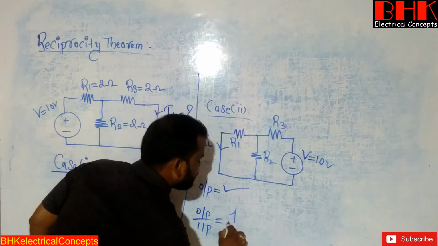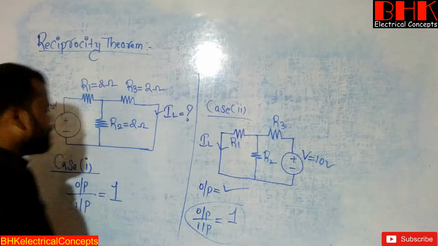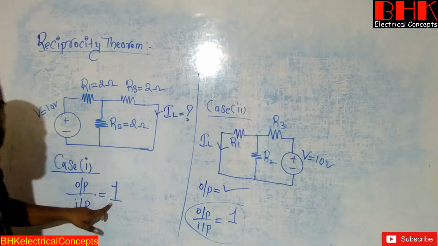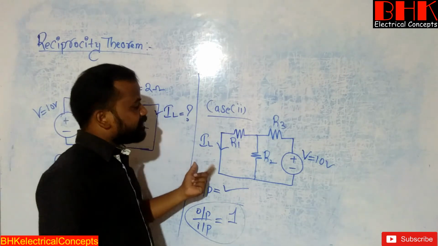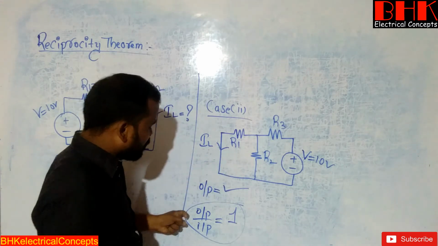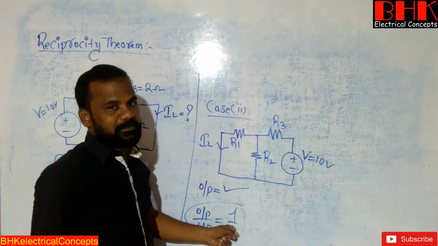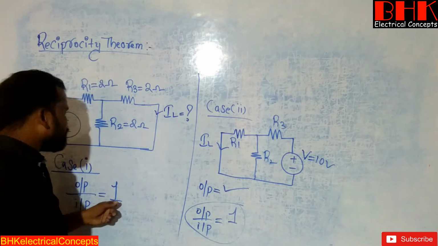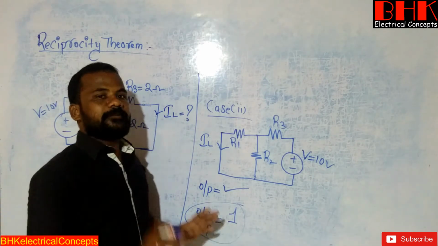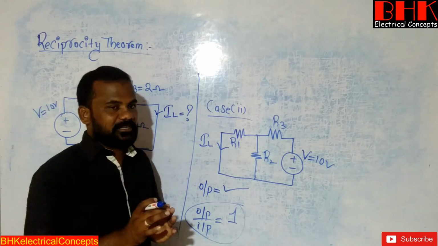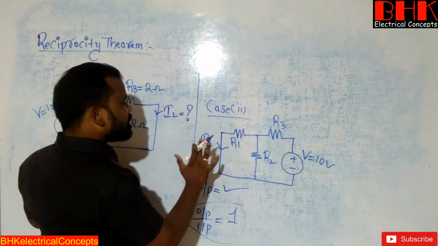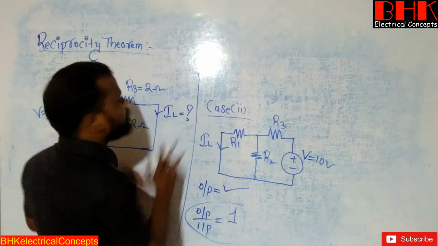It must be equal to 1, because in case number 1 we got 1. Even if we interchange load and source, output by input must be 1. In both cases the ratio must be 1; only then will the reciprocity theorem be satisfied, otherwise this theorem is not valid. This is the actual concept behind the reciprocity theorem.